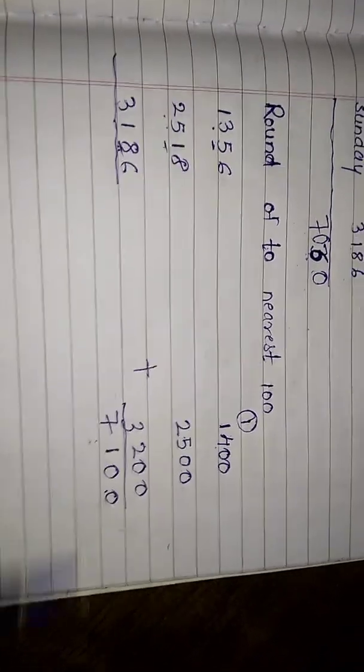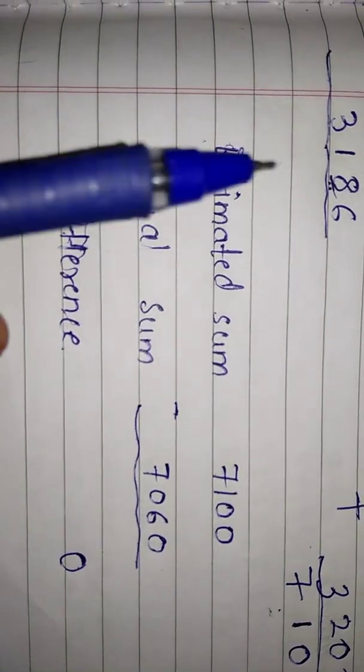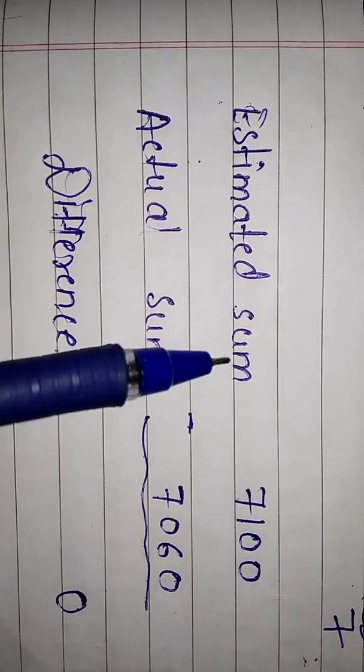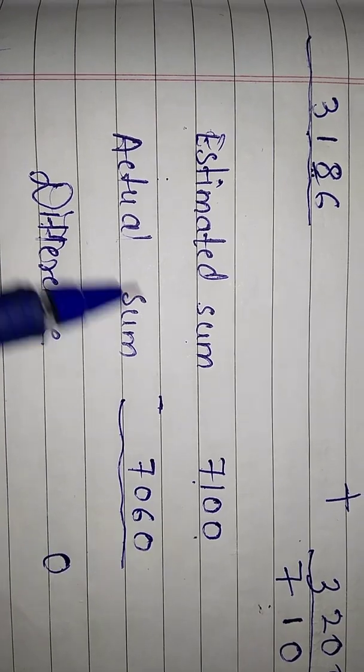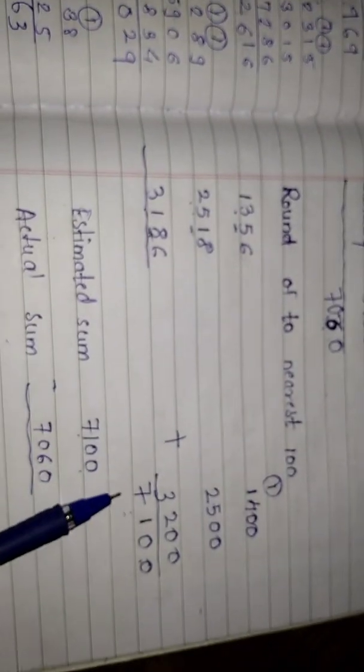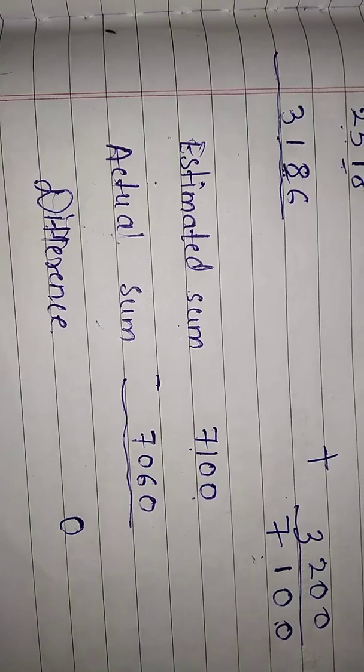Okay, we have to do that. The estimated sum answer is 7100 and the actual sum answer is 7060. Then we have to do the subtraction.